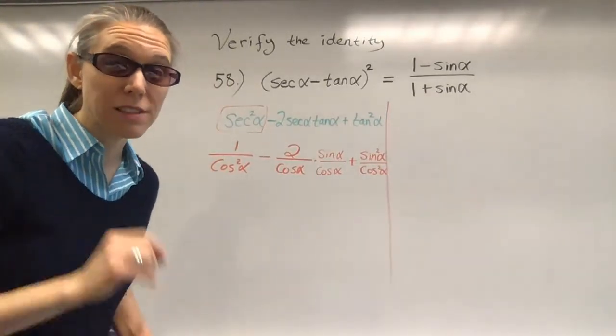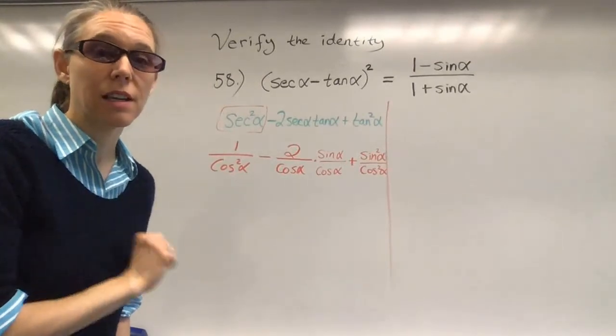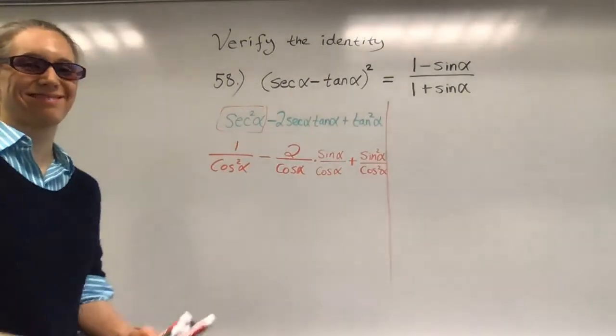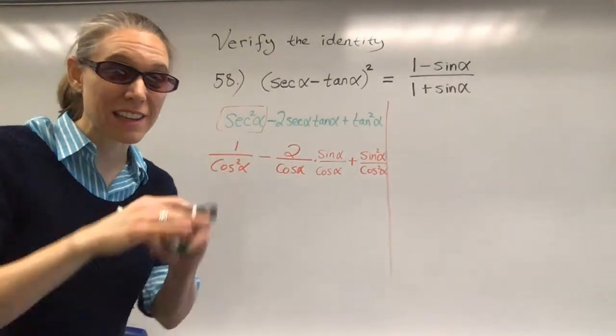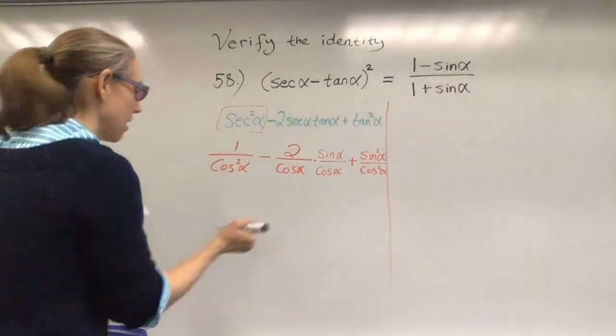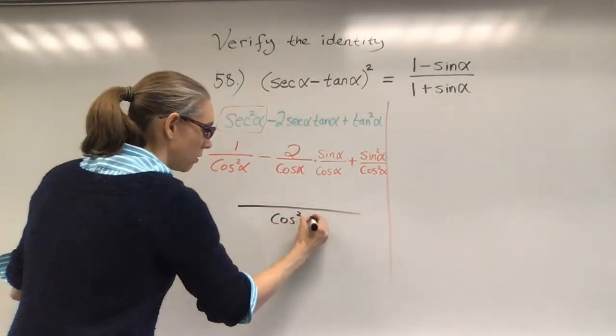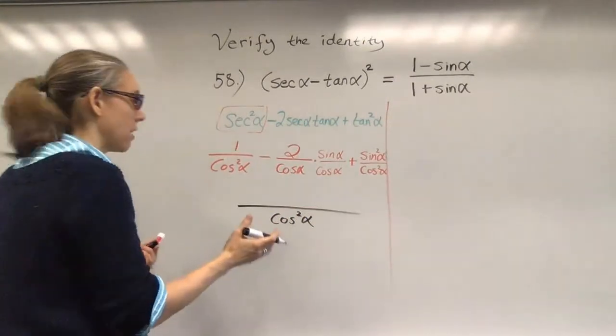Why? Every single one of these denominators is a cosine squared alpha. Yes! Okay, what that means is I can combine this all into one fraction. And the denominator is going to be cosine squared alpha. And on top, what do we have?